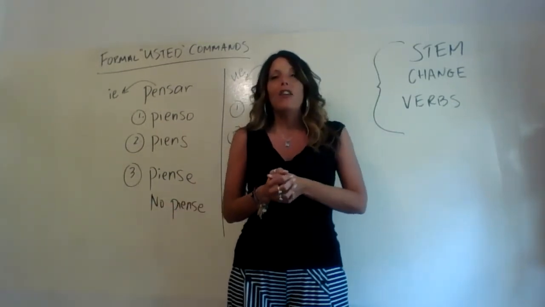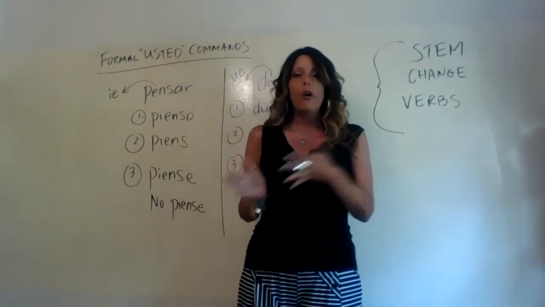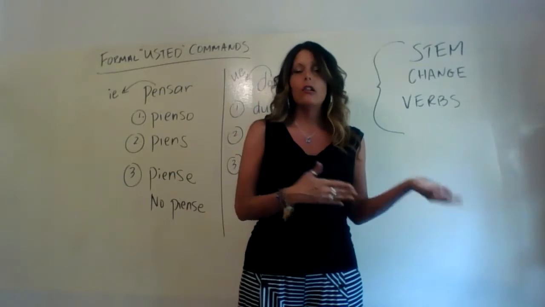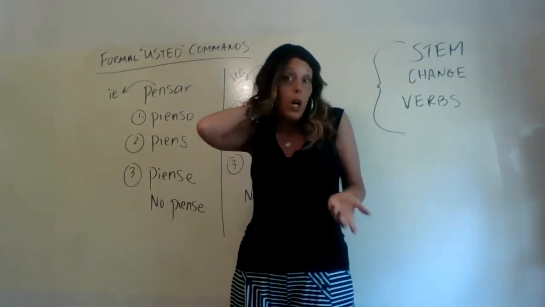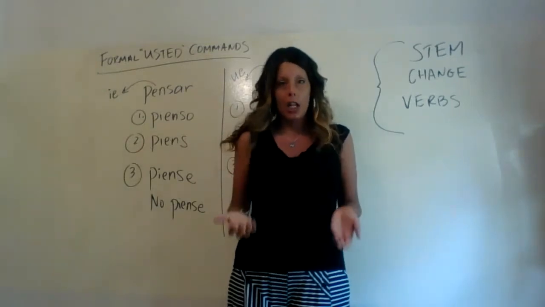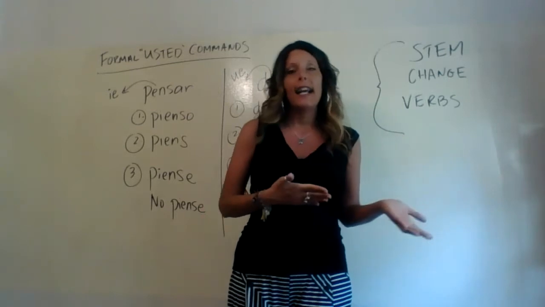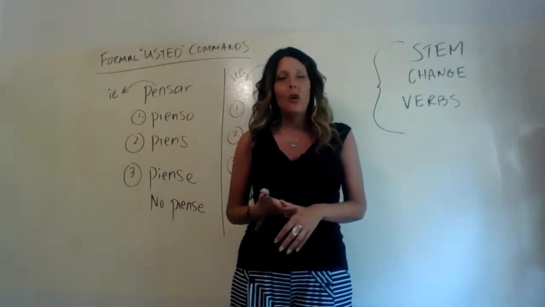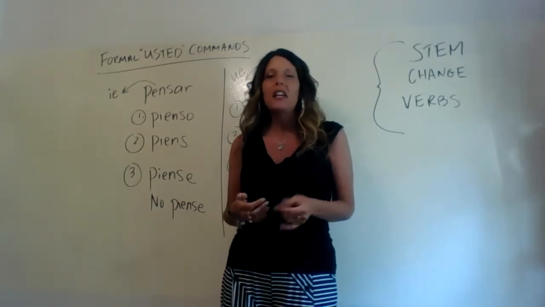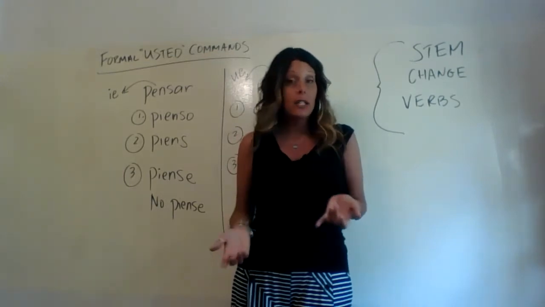Unfortunately, if you do not remember what stem change verbs are, you need to go back and look at the present tense. There are certain verbs in the present tense in the Spanish 1 class that are stem change verbs, and that should have been memorized and retained. But in case it hasn't been, make sure that you go back and look at Spanish 1 materials and look up stem change verbs. We have different categories of stem change verbs.